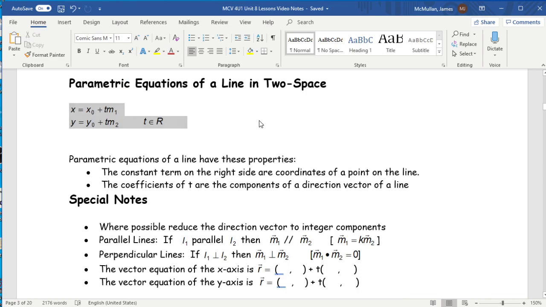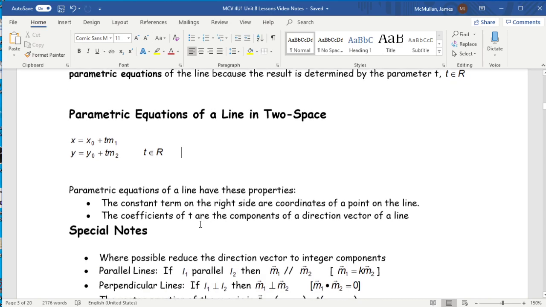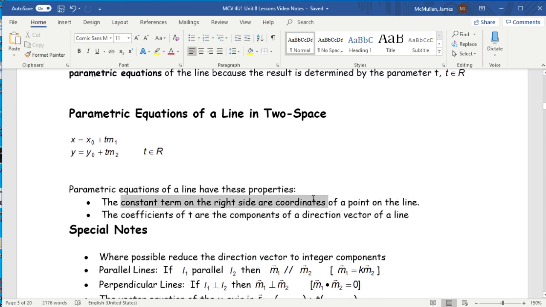So this is just a way that you can express a line using what we call the parametric equations, where x, y, and z, when we need z, will be isolated. Okay? So the constant terms on the right are the coordinates of a point, and the coefficients of t are the direction vector.